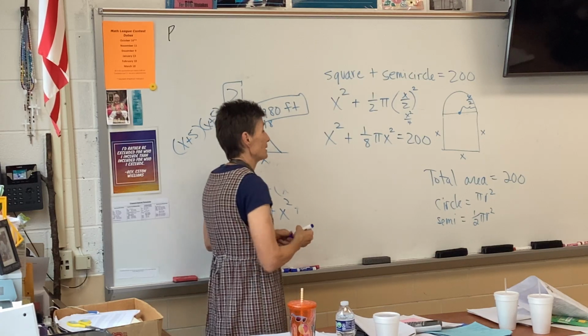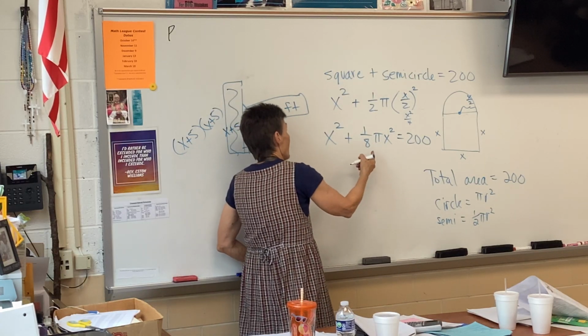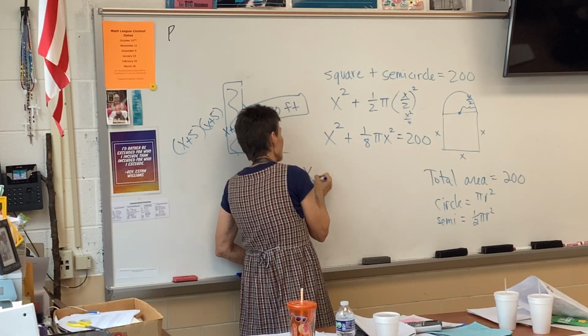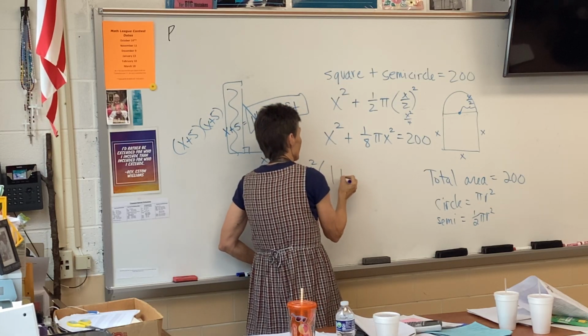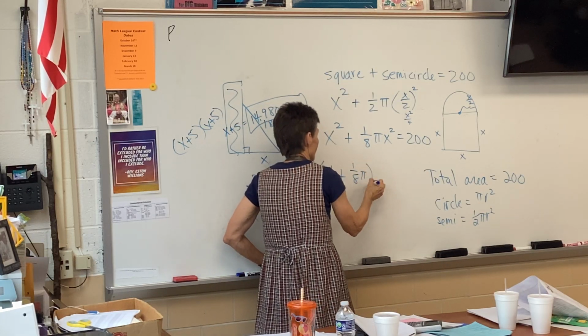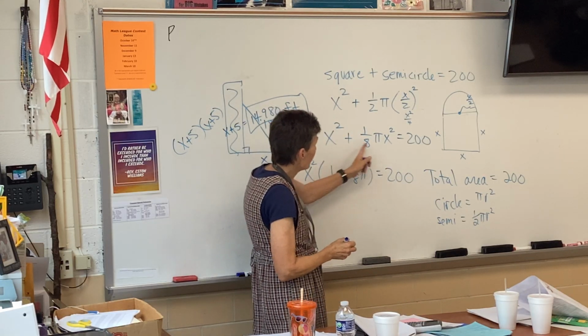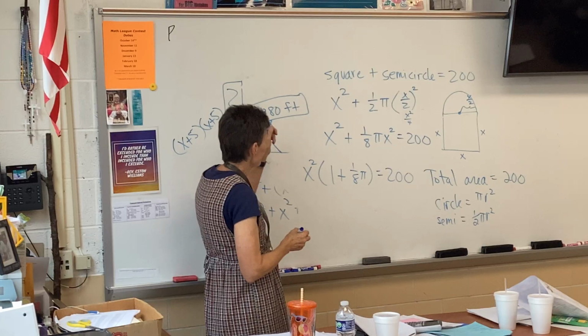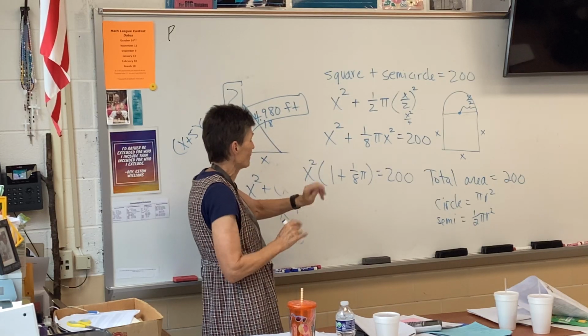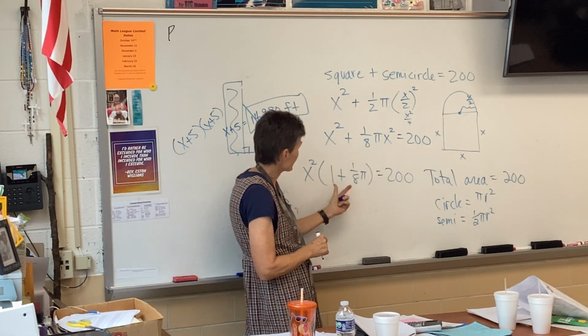This problem is a little bit unusual. I'm going to go ahead and factor out the x squared. These terms are both x squared. Normally one of them is an x, but these are both x squared.